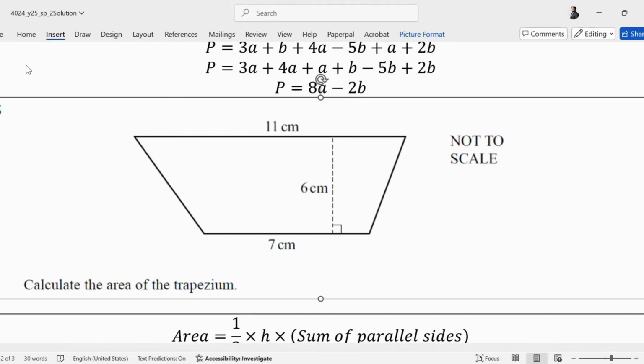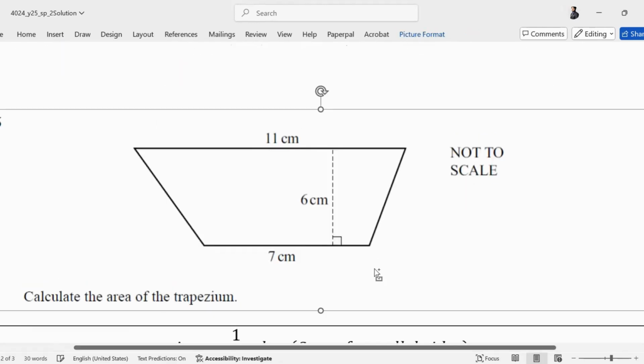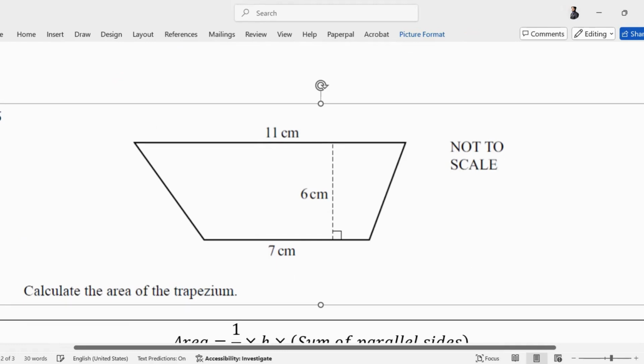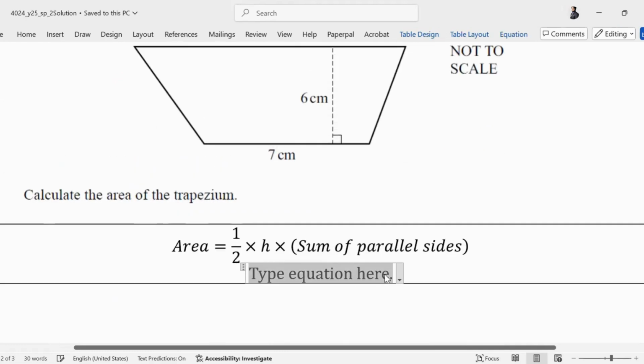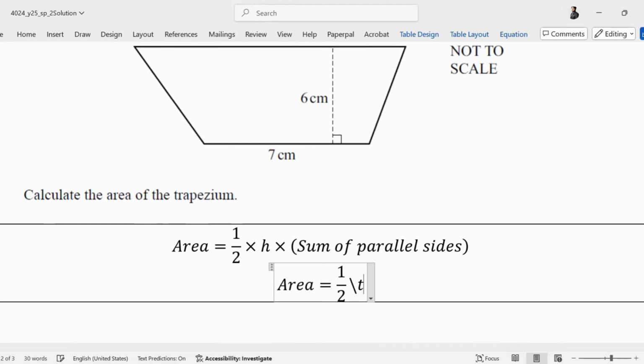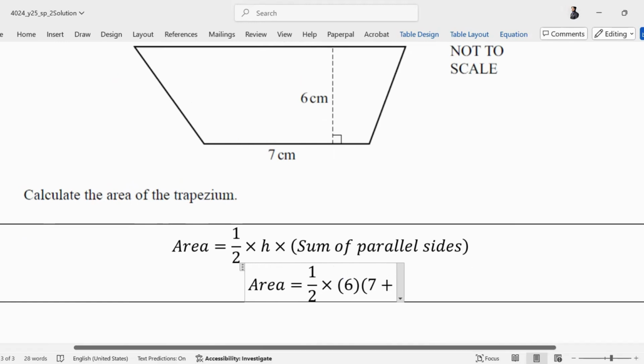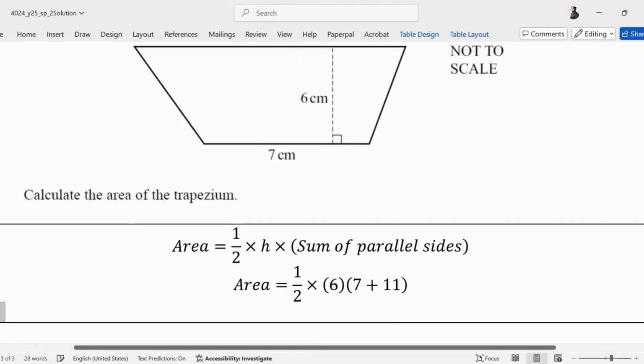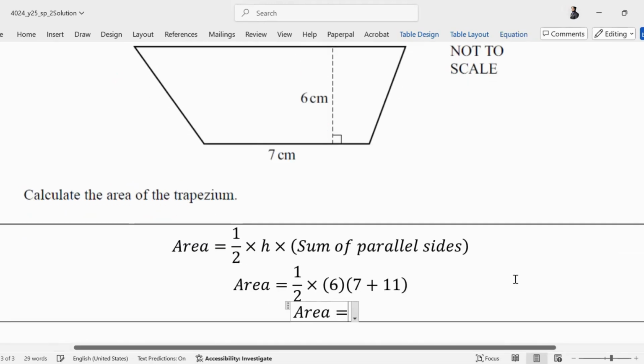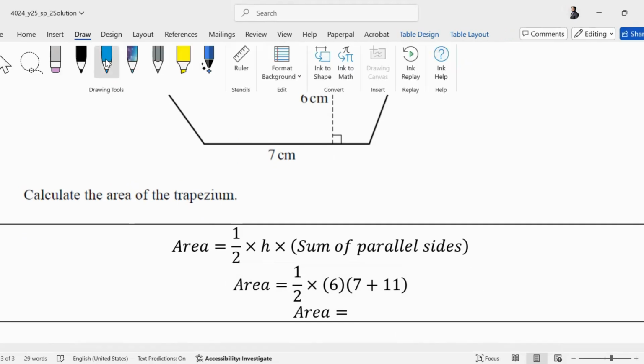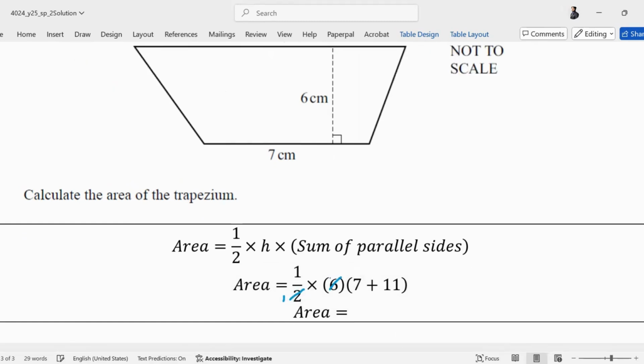So area is half, height is 6, one parallel side is 7, and the other is 11. So if you cancel these, obviously you can cancel it, use smaller numbers, do not go for bigger numbers as it increases your chance of error.